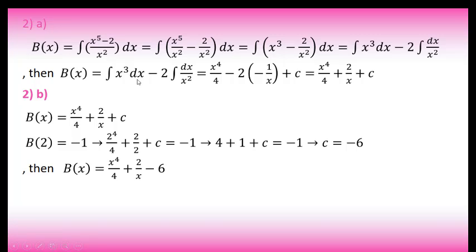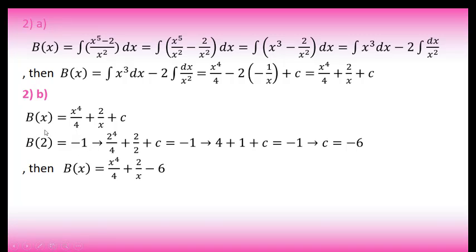For x cubed, add 1 to get 4, divide by the new power. Now, integral dx over x squared is a property, I proved it, equal to minus 1 over x plus c alone. Now, multiply minus times minus to get plus. Part B: b of x with the initial condition b of 2 equals minus 1.